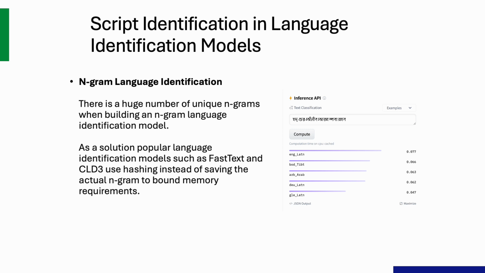They do this because there are lots of engrams to save and they cannot save all of them, so they just save the hash of those engrams, and also they try to bound it into a memory so it doesn't use much memory. So the hash collision may happen, and even a script that wasn't seen during the training is predicted as another language.